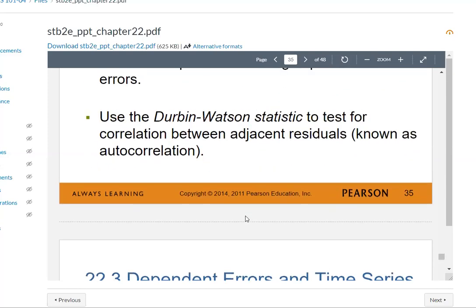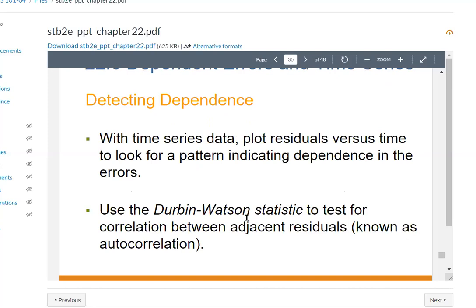So what's important here is that the Durbin-Watson test tells us if the residuals are dependent or not. How does it show us if the data is dependent or not? It actually calculates some kind of correlation between residuals.